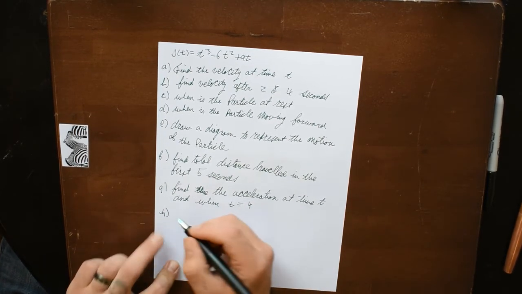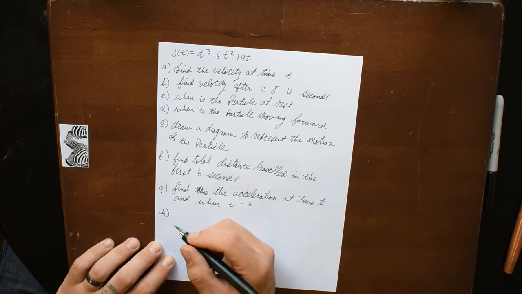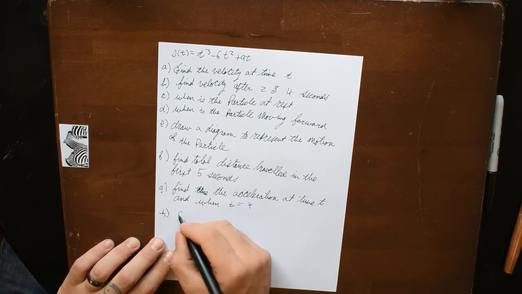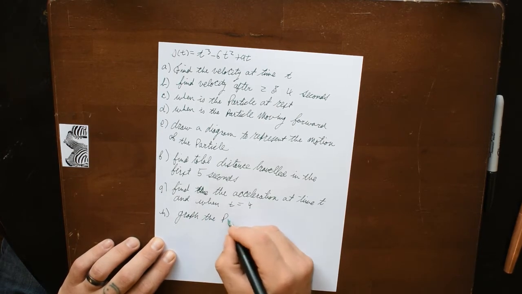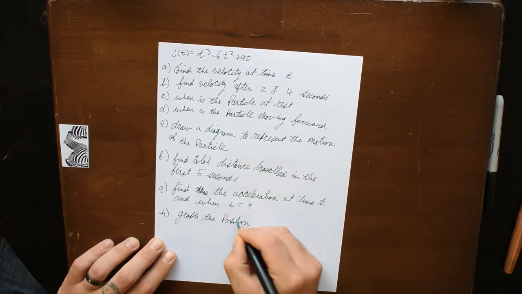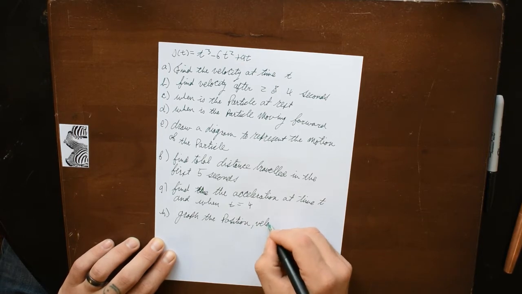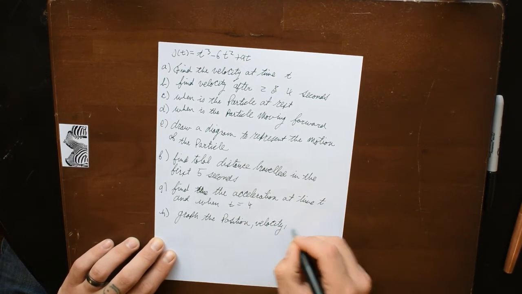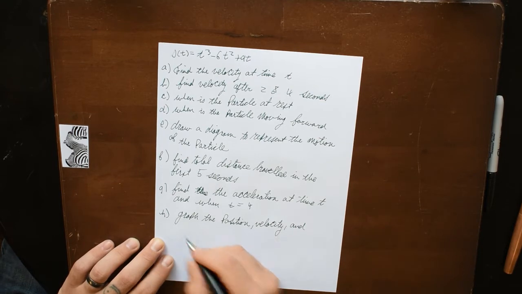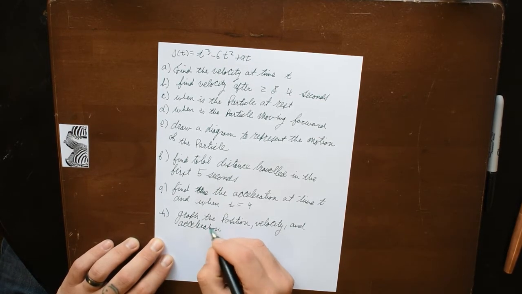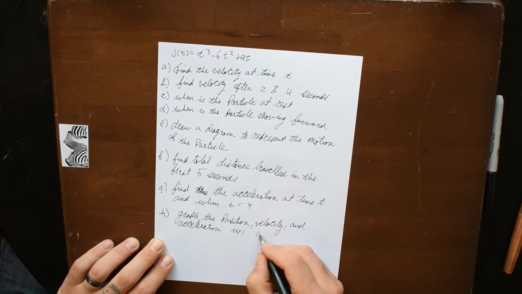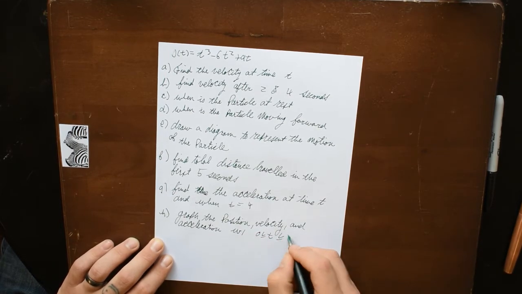And after h we'll do I, and that's it: graph the position, velocity, and acceleration with 0 less than or equal to t less than or equal to 5.